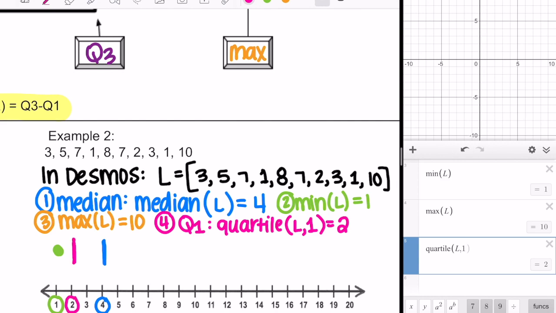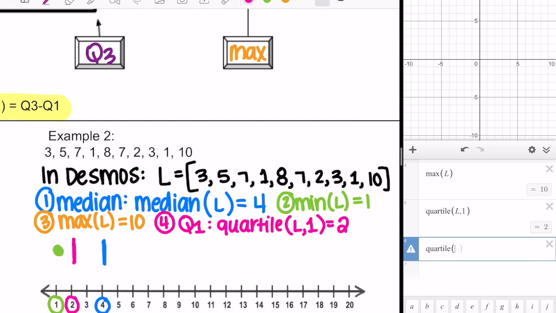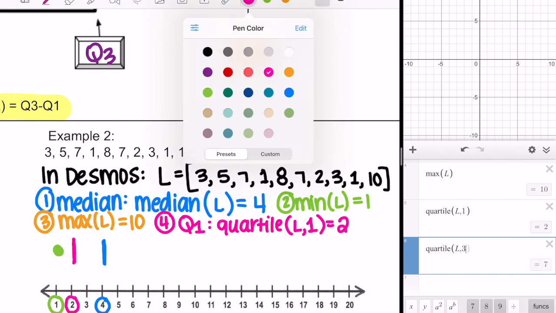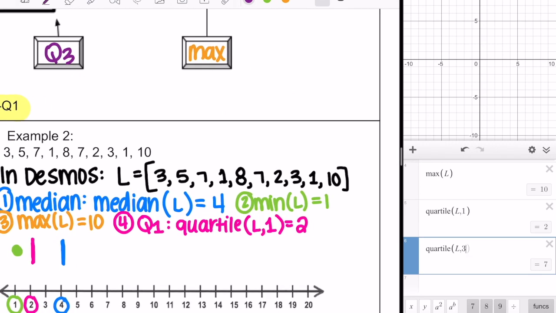All right, then we can do the same thing for Q3. So function, stats, quartile of our list L, and specify that we want the third one. All right, so Q3 was step 5, and that is 7.